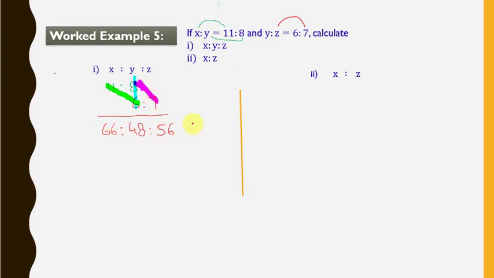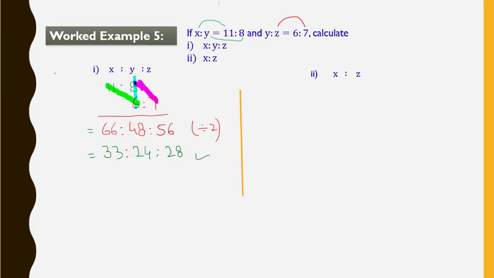Now I will divide all these values by 2, and my answer will be 33 is to 24 is to 28. Now that is the simplified ratio, and that will be the answer of the first part.